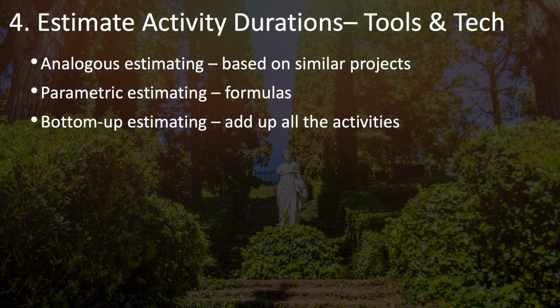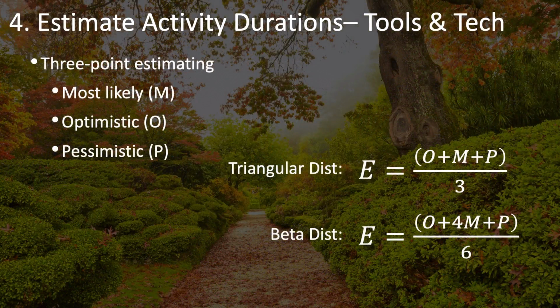Bottom-up estimating is when you individually estimate each task, each activity, one by one, and then just sum it all up. 3-point estimating is a technique that I highly recommend. It can be used with all of the other forms of estimating we just covered, analogous, parametric, or bottom-up.